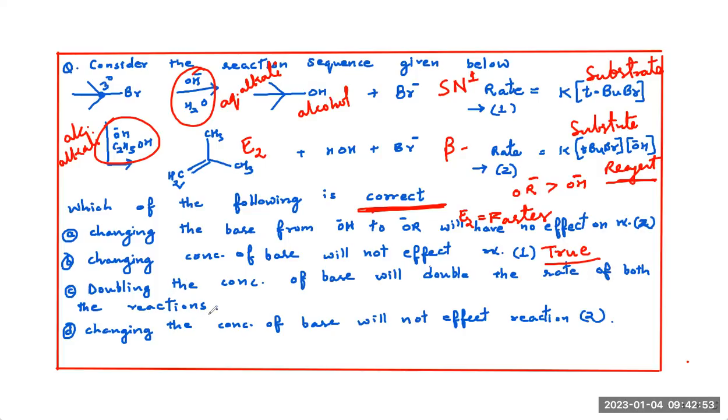No, it will not double the rate of both the reactions because reaction 1 is independent of the concentration of the reagent. C, changing the concentration of base will not affect reaction 2. That's again wrong because reaction 2 depends on the base. So we got the answer B is true. Let us move ahead.